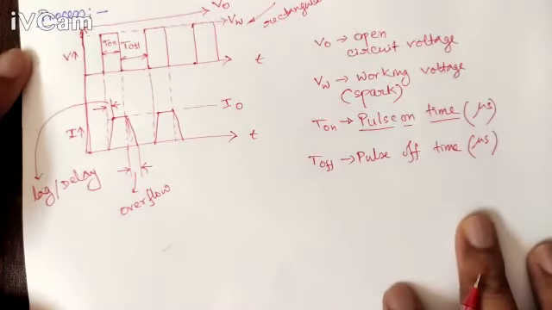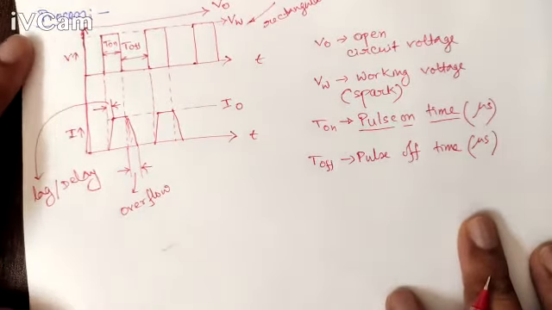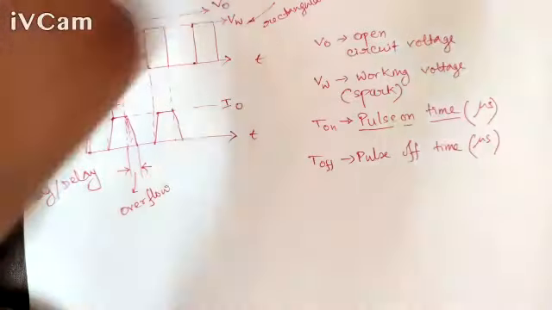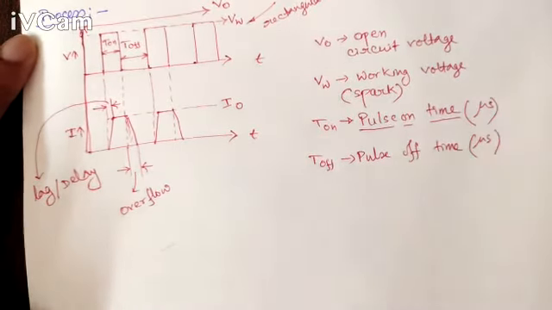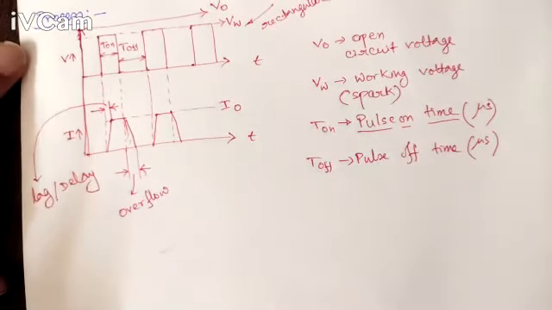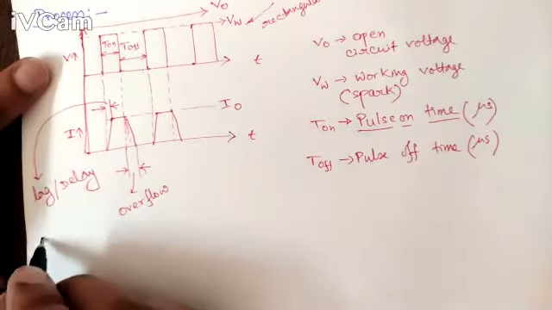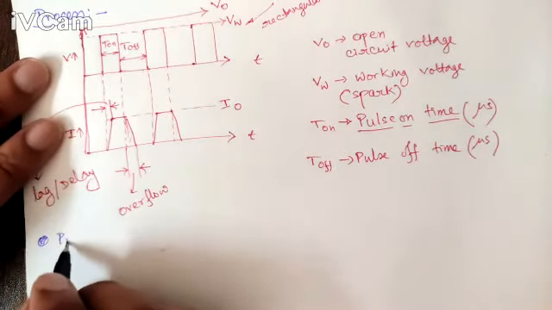Now next I will be only telling you the different process parameters. In the next class we will discuss everything and the effect of all these process parameters in detail. So next is process parameters.